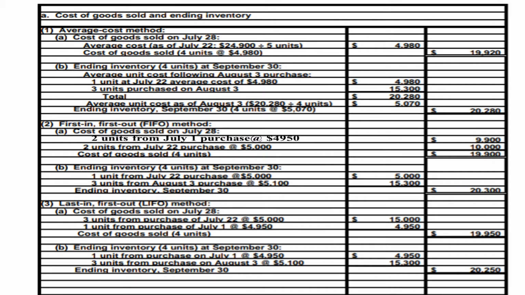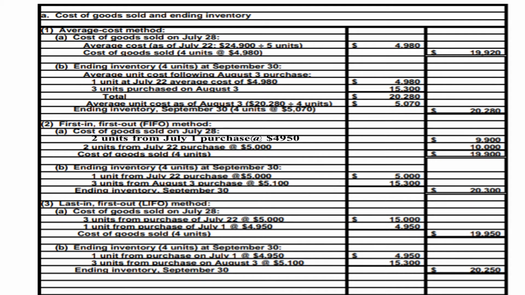On the basis of that, we'll find the average cost. As it is a perpetual inventory system, that's why we have to ascertain this. So the cost as of July 22nd was 24,900, and there were 5 units on hand. We divided 24,900 by 5, and we get 4,980. This is the average cost.